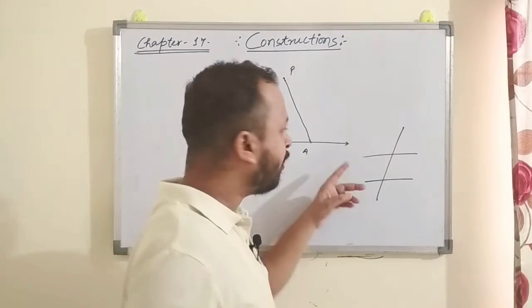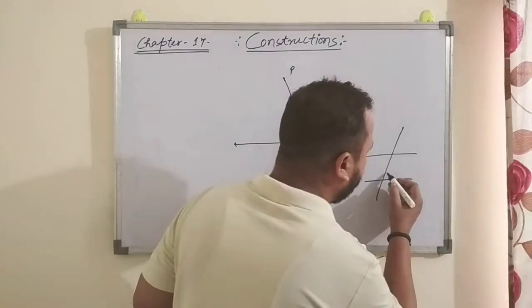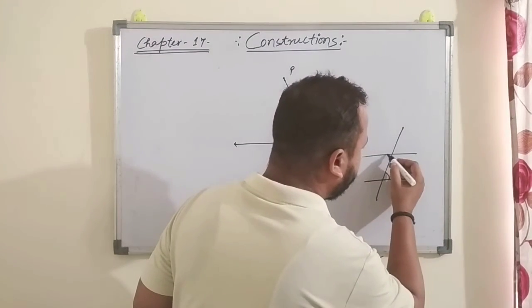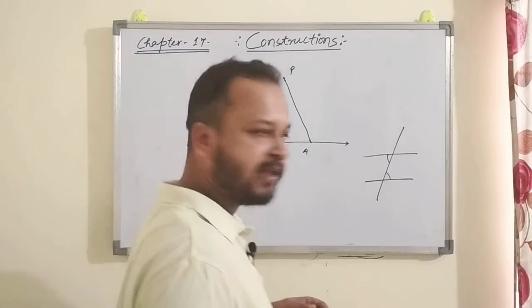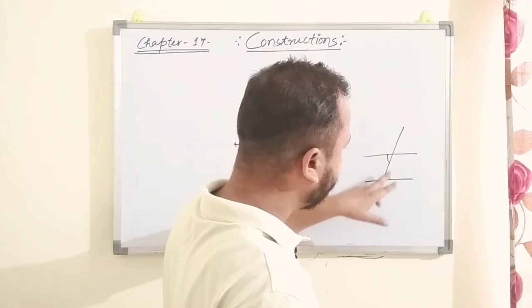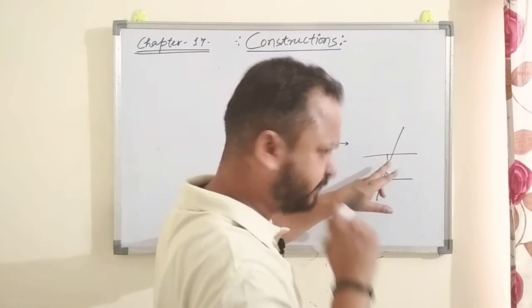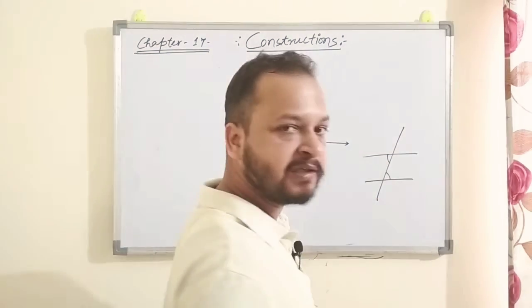if we are talking about a parallel line and a transversal line, we know that the alternate interior angles are equal, right? Or you can say that if these alternate interior angles are equal, it means these two lines are parallel.